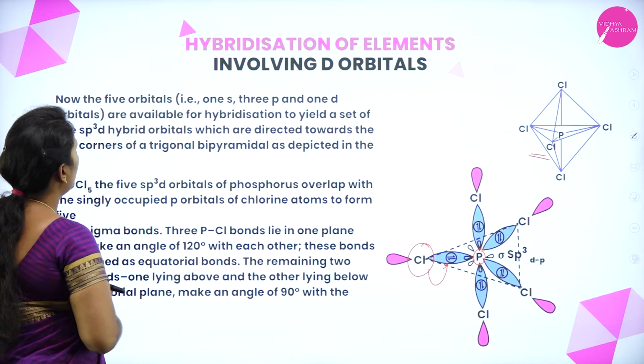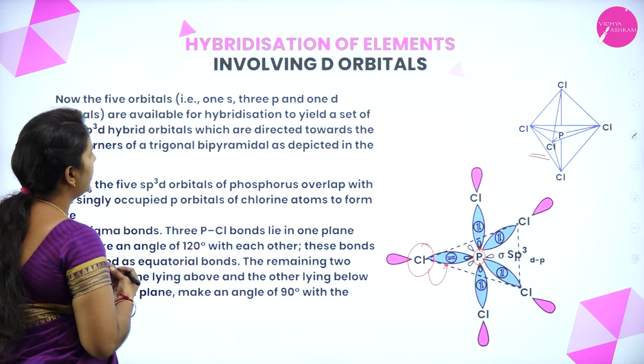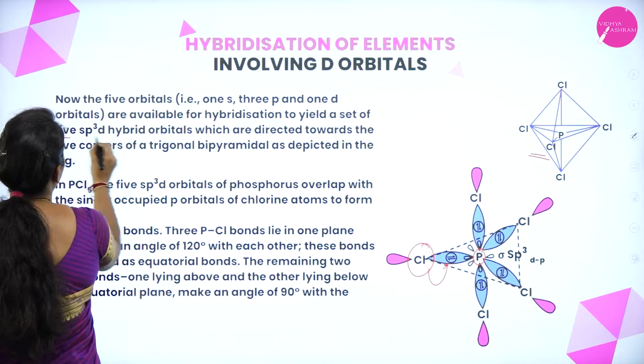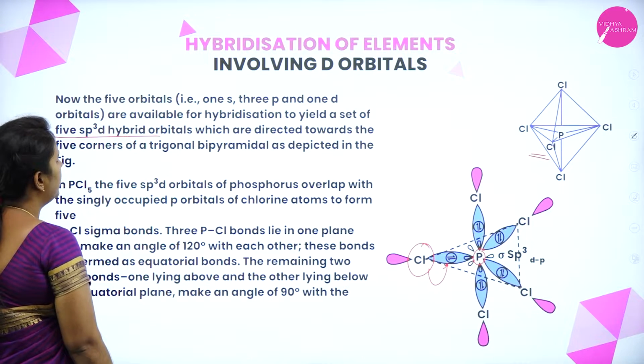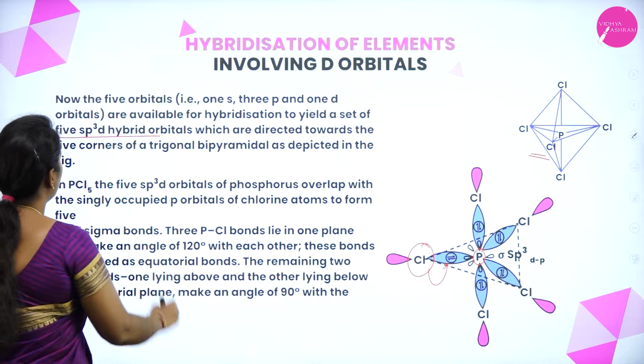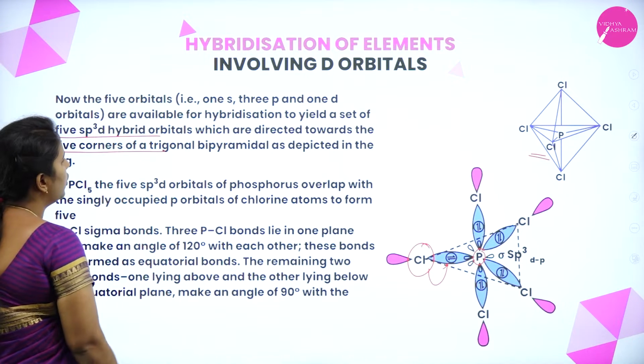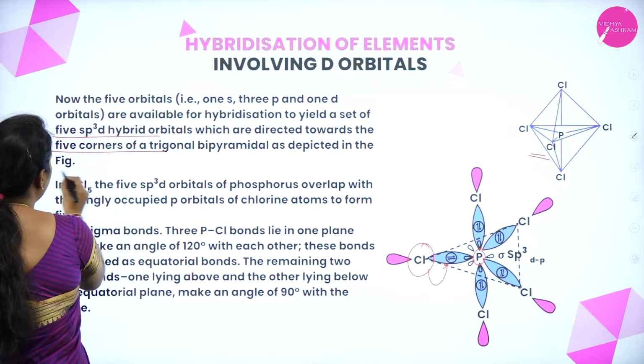Now, the 5 orbitals available for hybridization yield 5 sp3d hybrid orbitals which are directed towards the 5 corners of the trigonal bipyramid depicted in the figure.